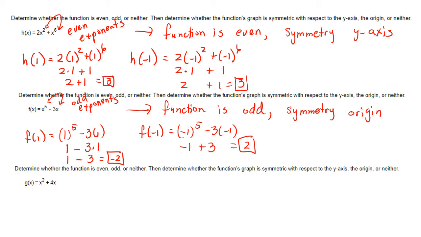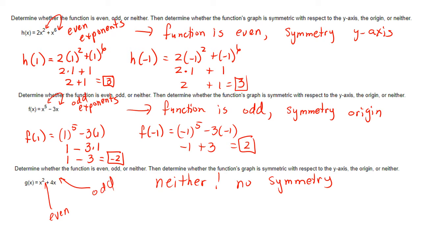Now, this last example is neither even nor odd. It has no symmetry. I can tell by looking at the exponents. The first exponent is even. The second exponent is an understood 1, and that's odd. Since those exponents are not the same type, then this has no symmetry.